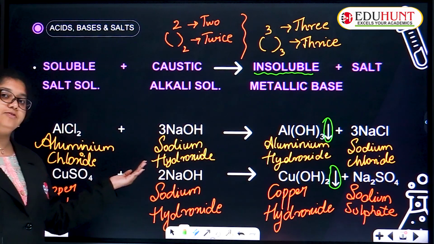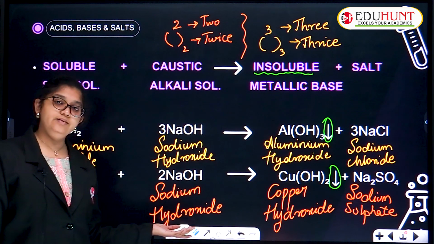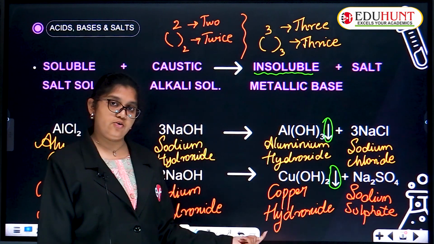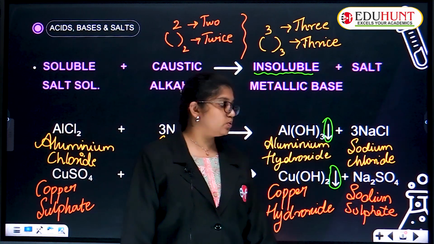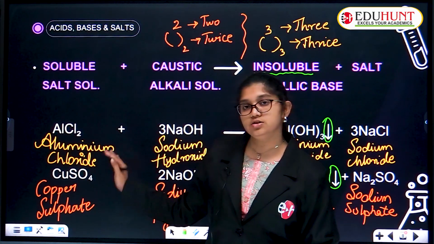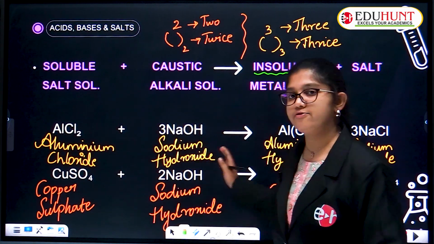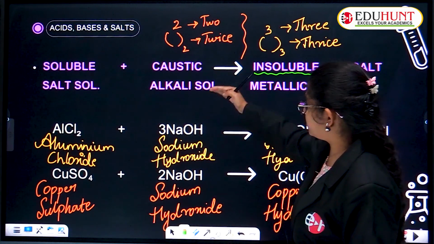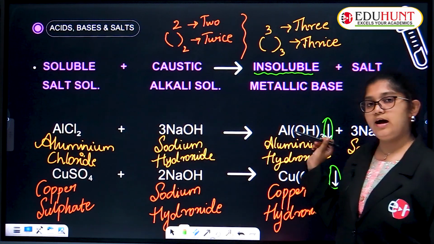Now for the second example, we have taken copper sulfate. For that, we have sodium hydroxide again, and we get the products copper hydroxide and the salt sodium sulfate. So we have taken different salt solutions, and now we get a different salt on the product side. But the alkali solution is the same, and the metals change, aluminium and copper.